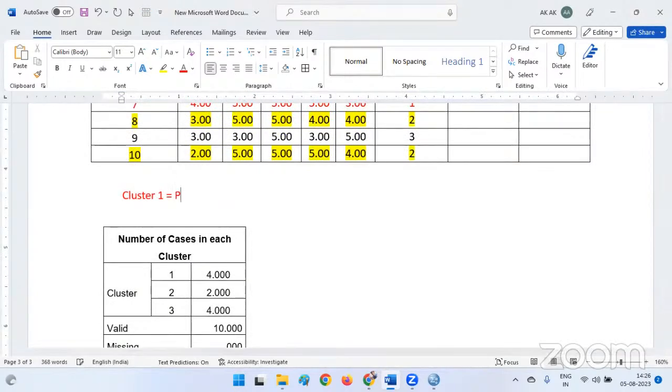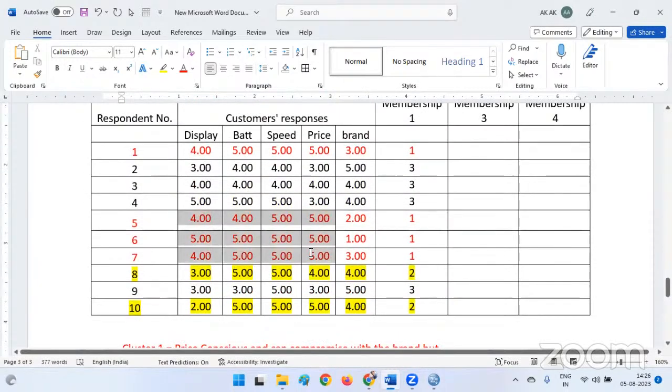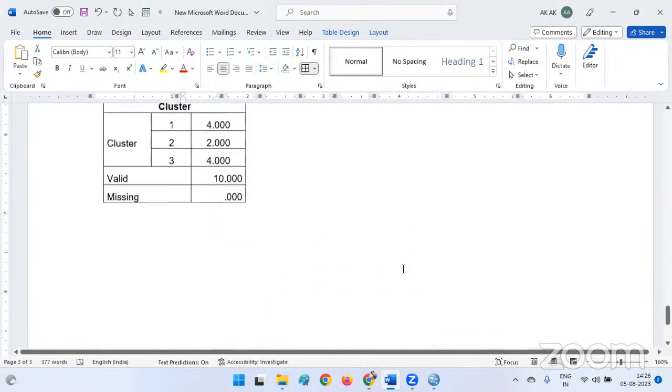So we can say that they are price conscious and can compromise with the brand, but not with the features. If you see, all 4 and 5 in features, everybody is 4 and 5 in features.